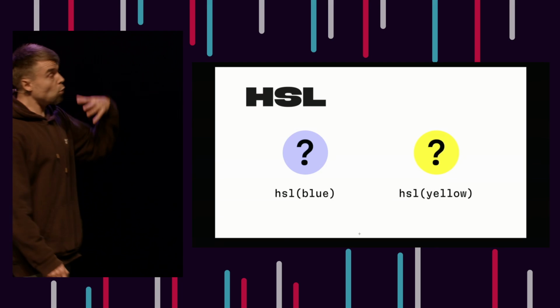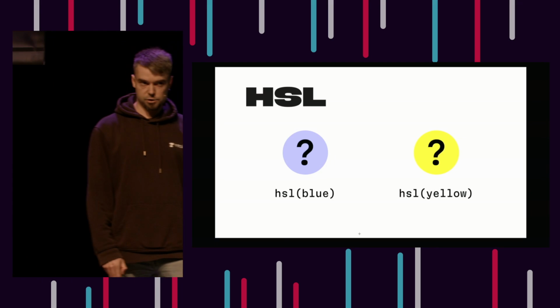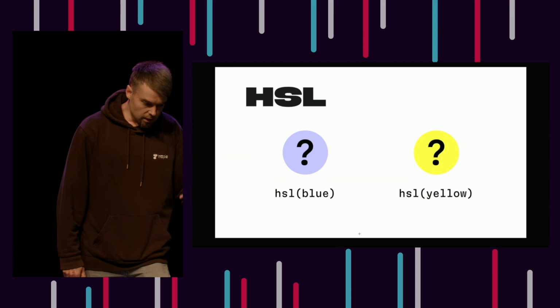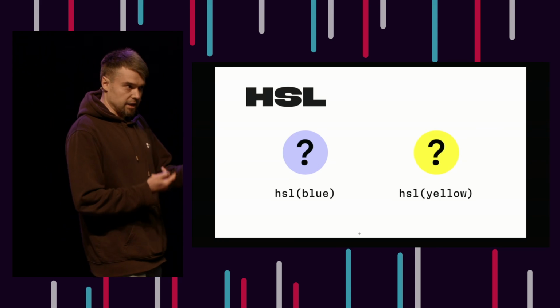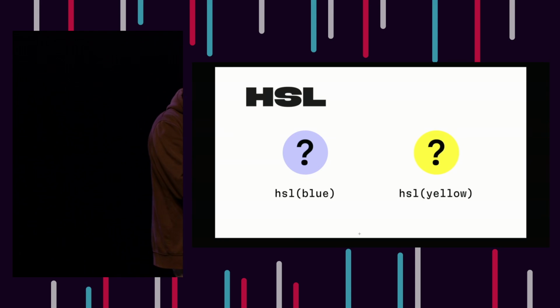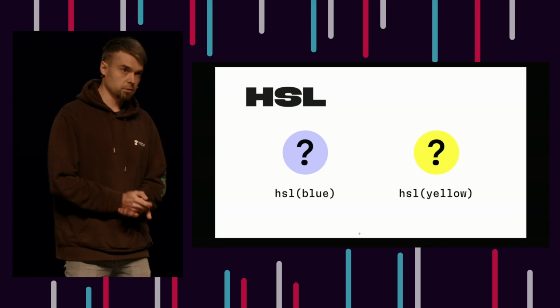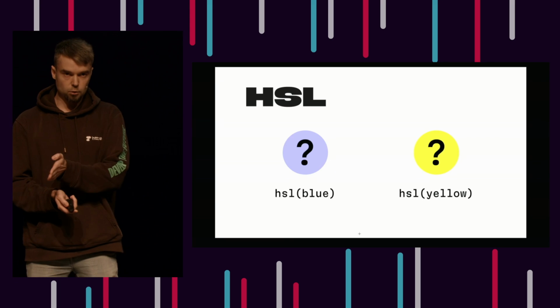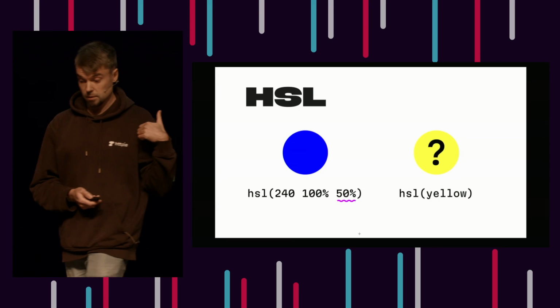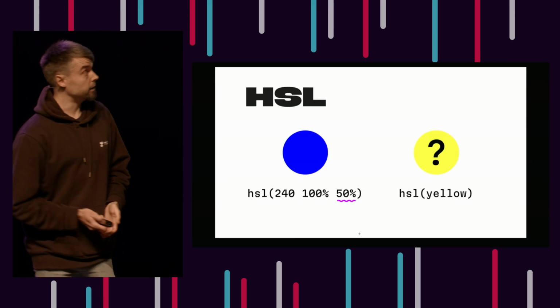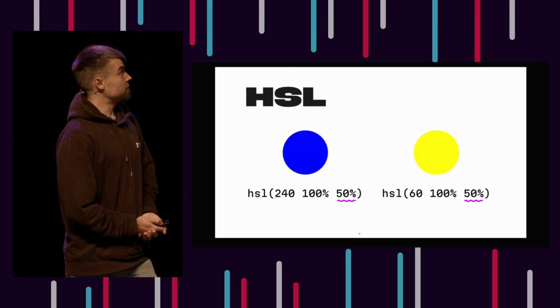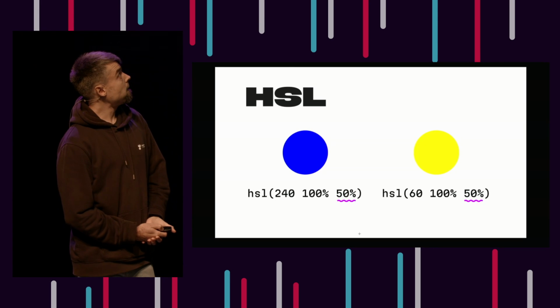Looking at the gorgeous 3 coordinates of HSL, we can expect that 2 colors with the same lightness value will look the same. None of them will be darker or lighter because the lightness value is the same. Well, let's try. Here is blue, 50% lightness.